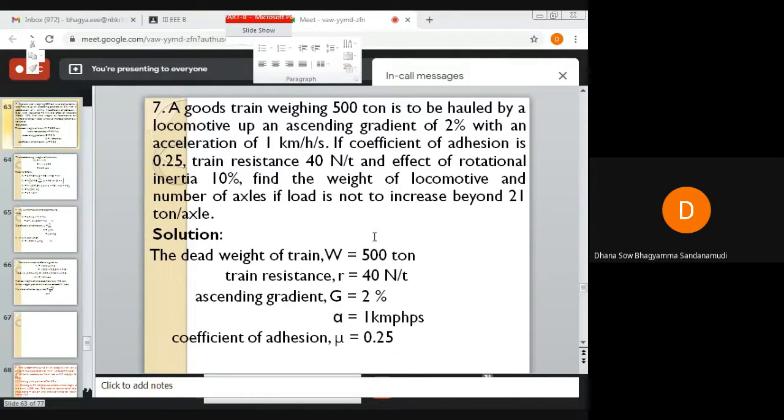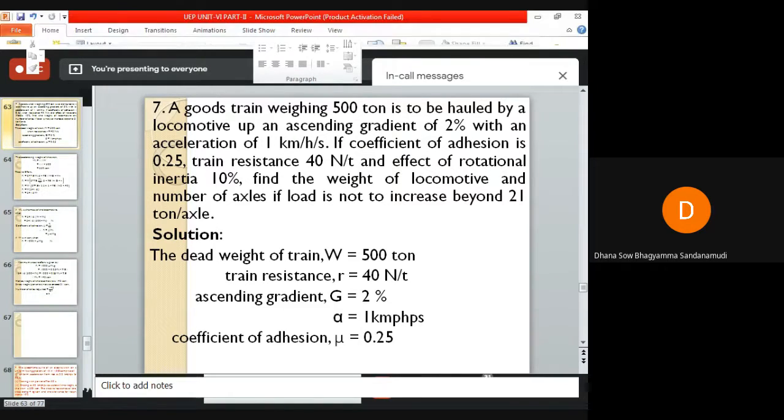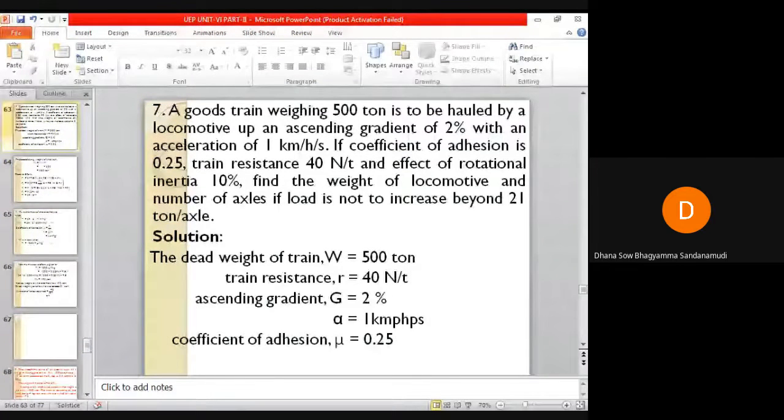So let us determine this. Dead weight is given, train resistance is given, ascending gradient is given, and acceleration and coefficient of adhesion are given. So write down the given data and note down the problem. As soon as you complete, inform me.